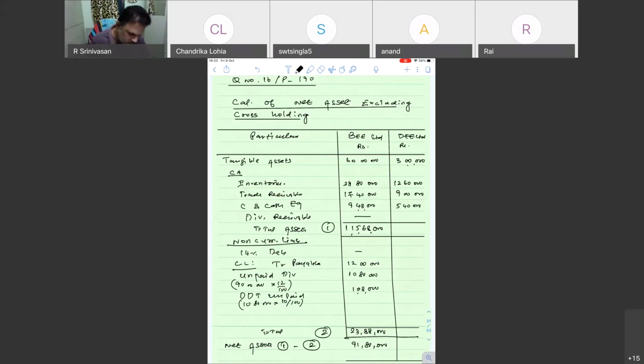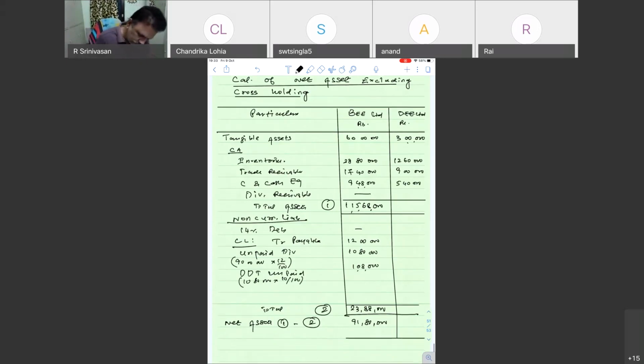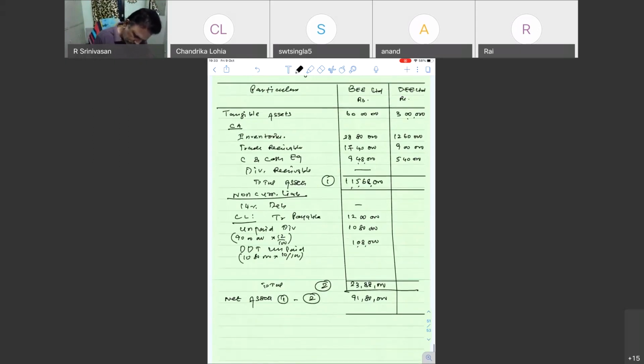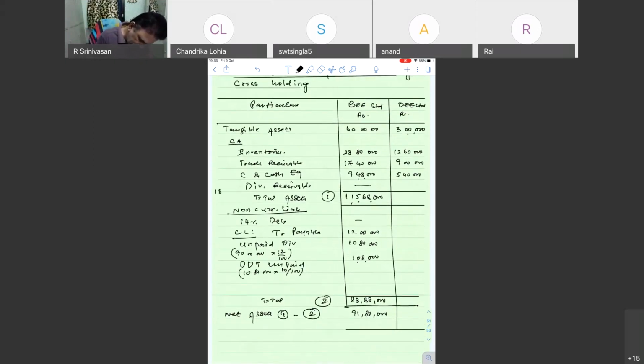And dividend receivable: they have 18,000 shares in B Limited. So here it will be 18,000 into 12 by 100 into 100, because the value of the share is almost 100 rupees. So this amounts to how much?